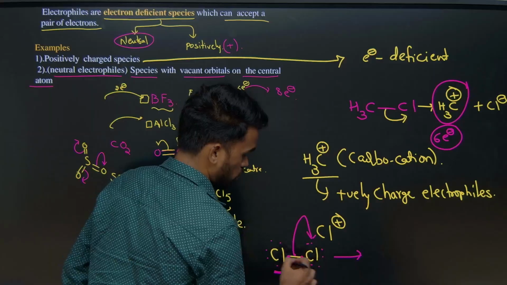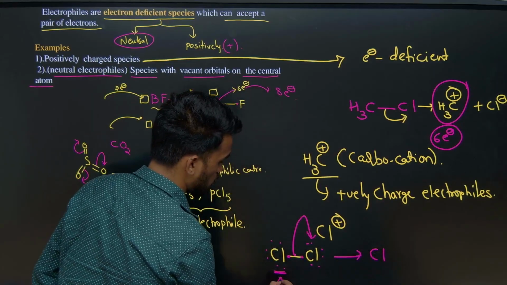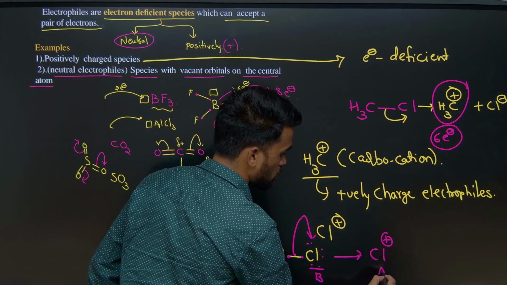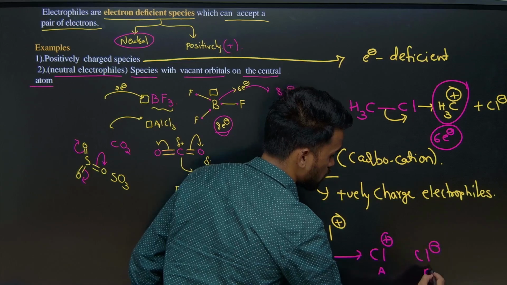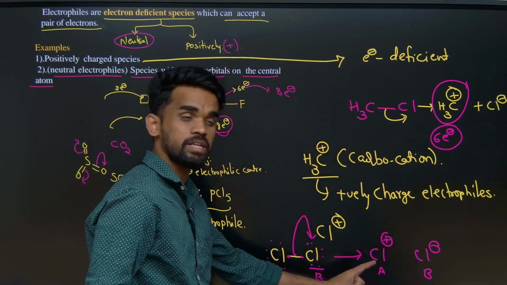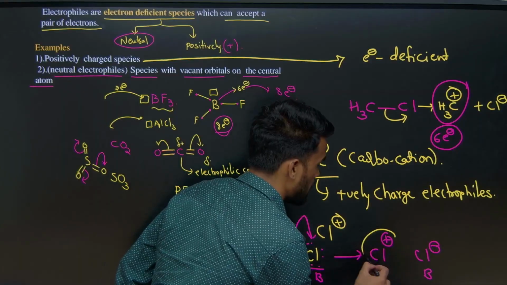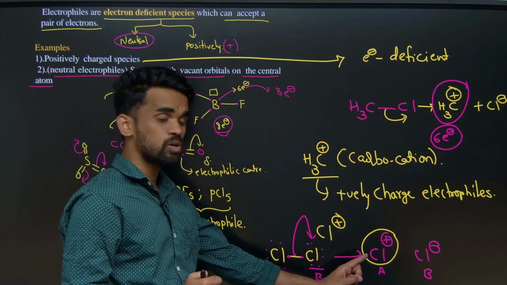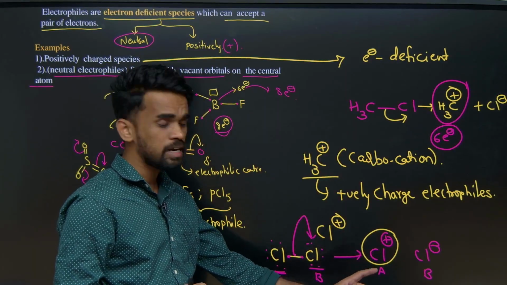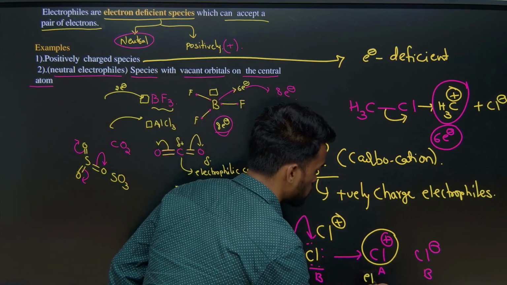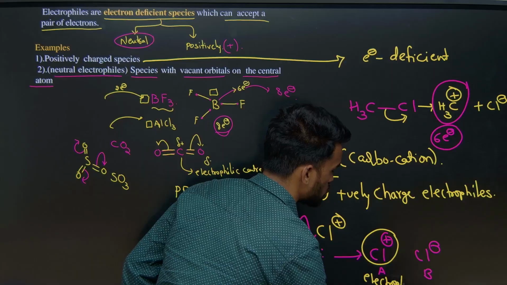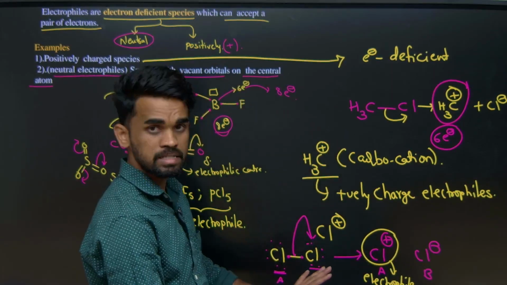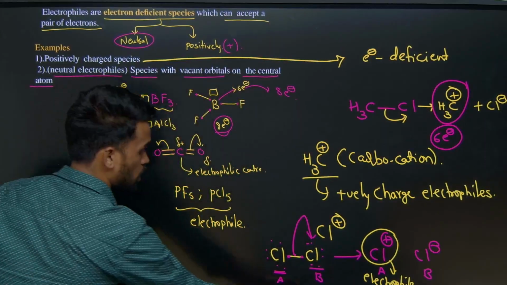Let us say this is chlorine A, and this is B. On chlorine A we get positive charge, and on chlorine B we get negative charge. The positively charged chlorine A is electron deficient, because it lost the bonded electrons and now has only 6 valence electrons. So this is also considered an electrophile. Halogens with positive charge are also electrophiles only. I hope the electrophile is clear. Now what about this molecule, you tell me?